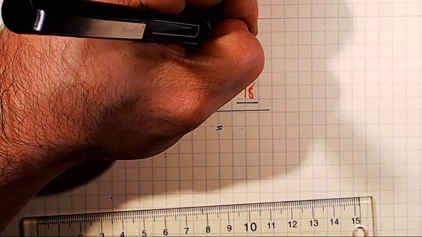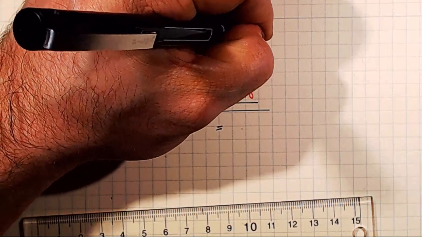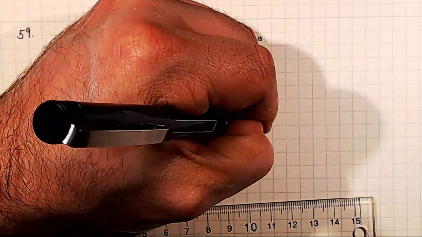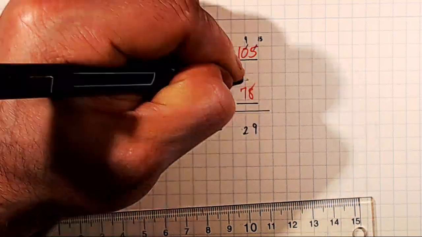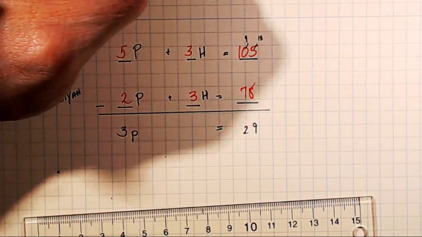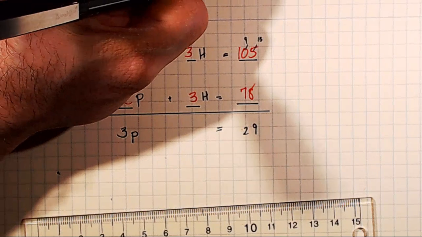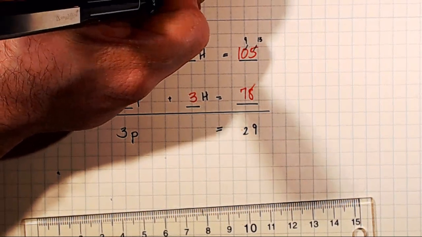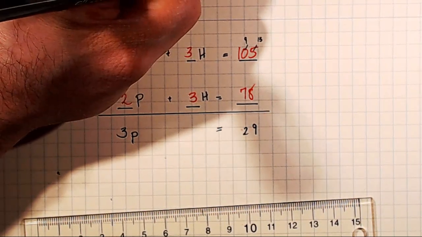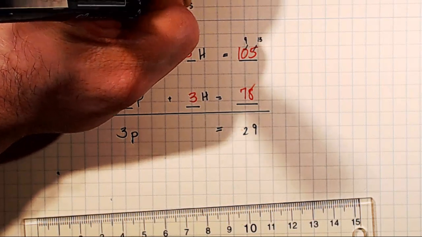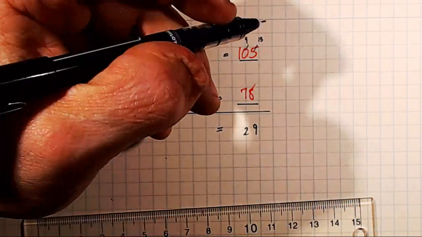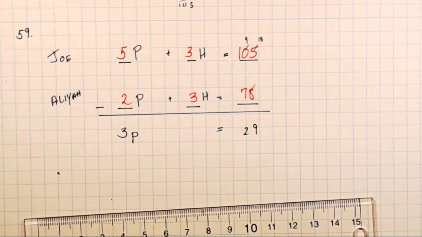Okay, so I've got 9 and 15. So that's 29. Is 78 plus 29 equal to 105? You got 15, 1, 9, 10, 105. Okay, good. So 3P equals 29.